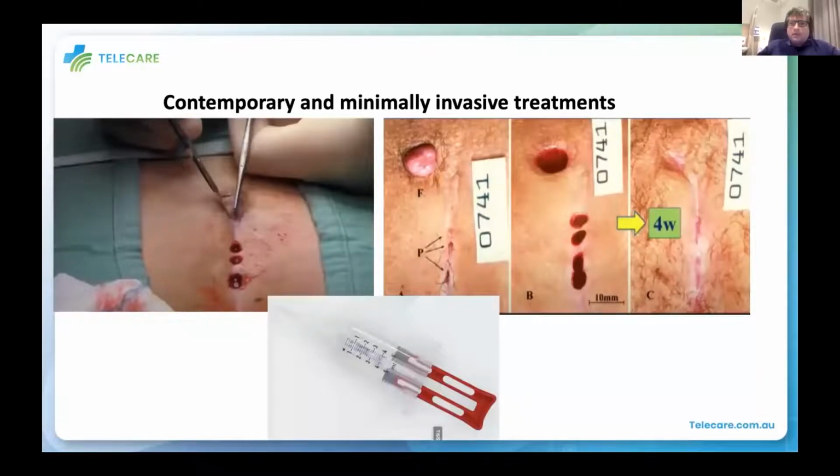This is a similar technique, but not using an endoscopic approach. This is the GIPS procedure, which was described relatively recently by an Israeli surgeon. The principle is similar, whereby all the pits are opened up, and there's different techniques for doing that.